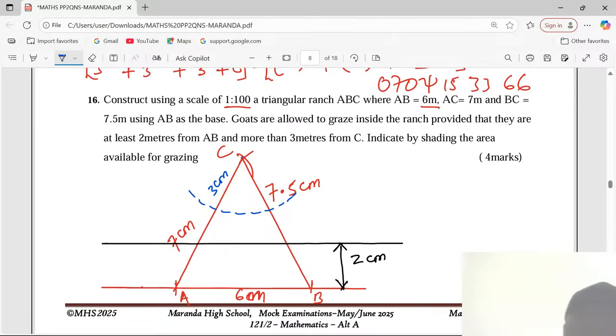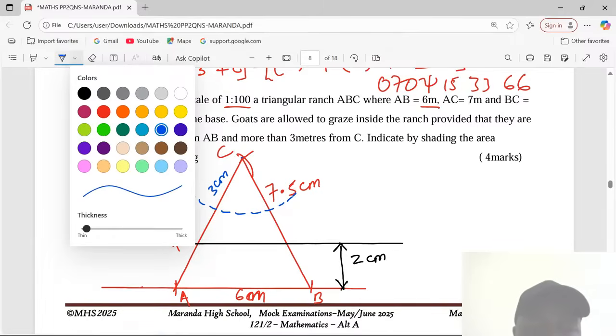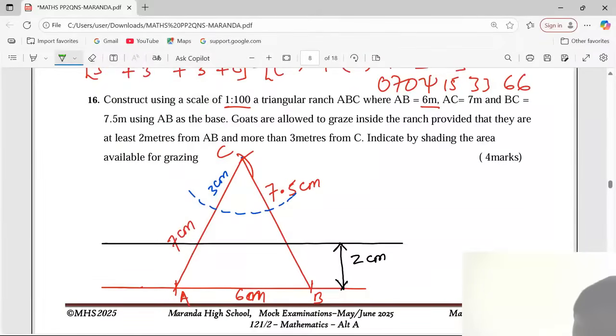So it should be beyond that arc and also 2 centimeters or more away from AB. Therefore, now that is the area. We are supposed to indicate by shading the area available for grazing. So this is the area available for grazing between the two conditions.